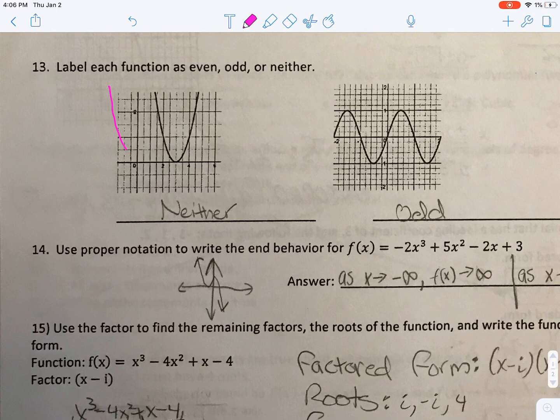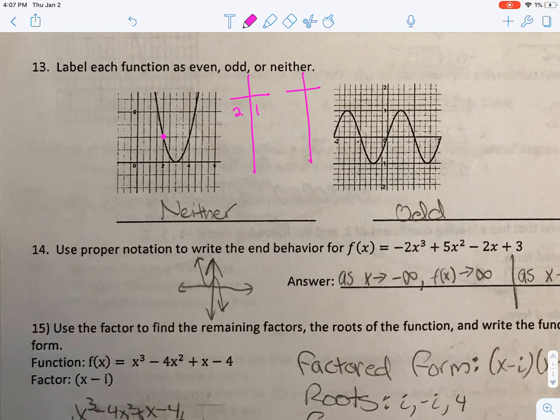It's not symmetrical on the y-axis, okay? And it's certainly not odd, right? If it were odd, here's what would happen. I would take a point right here on this graph, and that's the point (2, 1). So if I have my little tables here, this graph includes (2, 1).